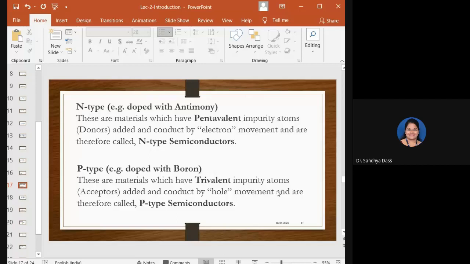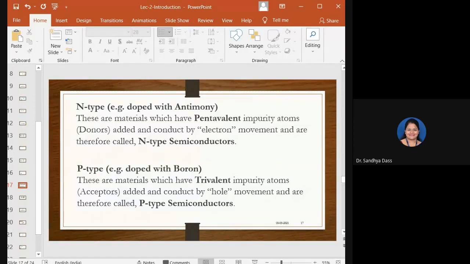Fine. So to summarize, N-type are materials which have pentavalent impurity atoms added and conduct by electron movement and are therefore called N-type semiconductor materials. So in N-type semiconductor materials, we know that the donors are positively charged.